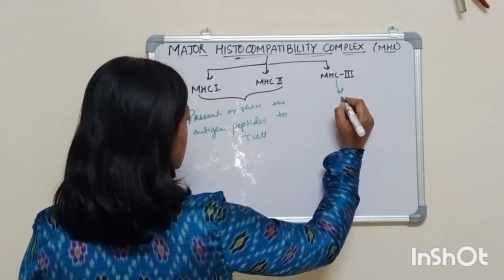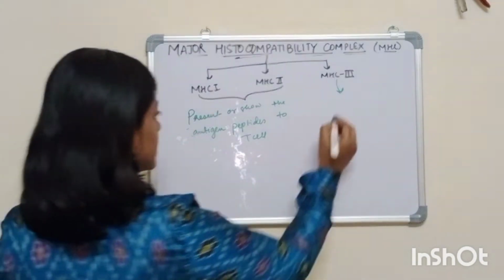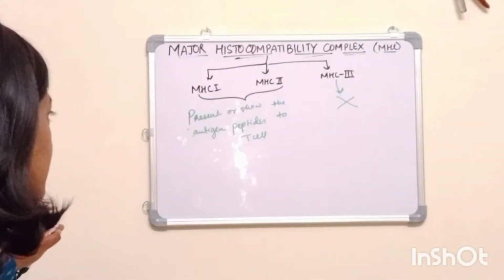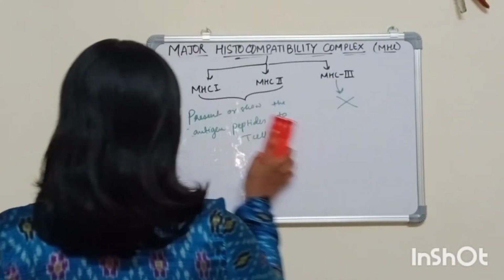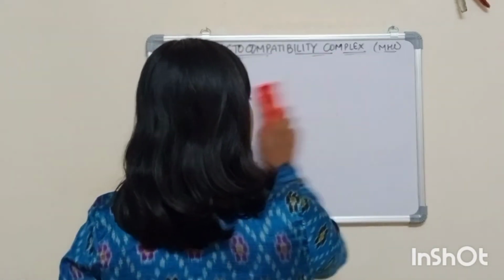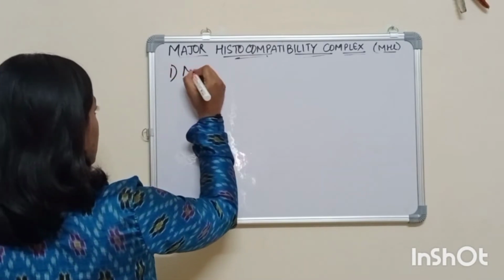MHC3 does not show or present the antigenic peptides to T cells. So now let's discuss MHC1 and MHC2 in detail. First, let's discuss MHC1.